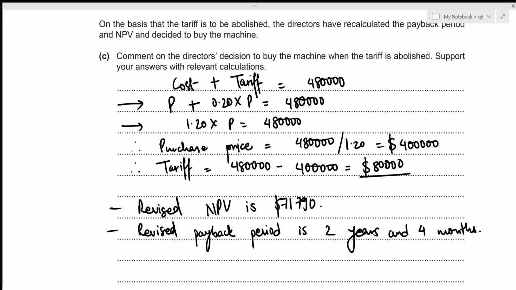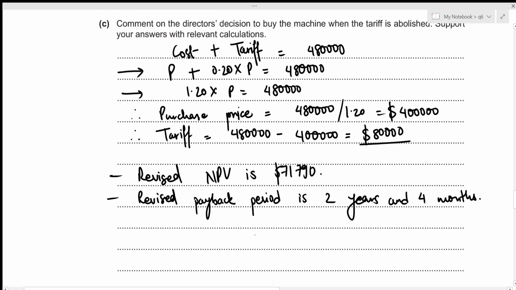Okay, now we need to comment whether the director's decision to buy the machine is correct or not. We can clearly see that the revised profit has increased a lot and the revised payback period has obviously decreased, which means that our initial investment will be returned in a shorter period of time. So I'd say that the director's decision was correct. Let's write it down.